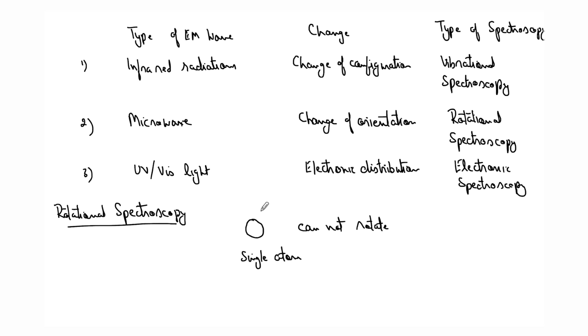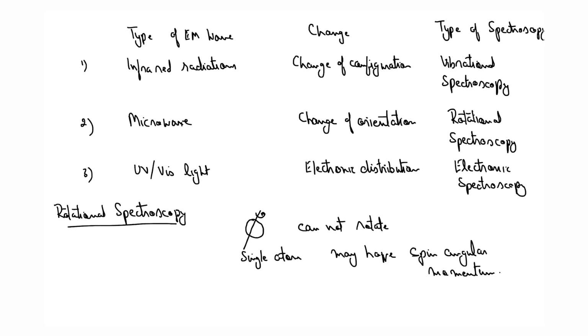Let's say there is an axis and it is spinning about its own axis, then the atom may have spin angular momentum. But there is no rotation as such, right? This is called spinning motion. So it has spin angular momentum but no rotation.